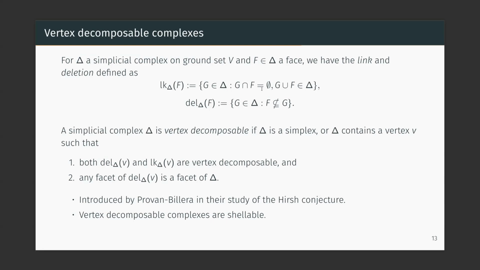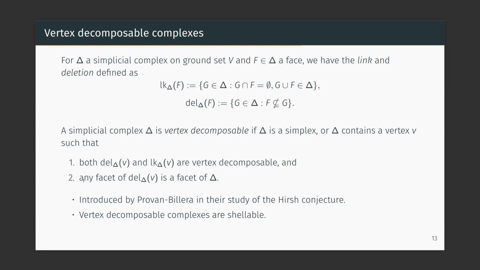And a simplicial complex by definition is vertex decomposable if it's either a simplex or there's this recursive thing that can happen, that it contains a vertex V where the deletion and link are both vertex decomposable. And there's also this condition that any facet of the deletion is a facet of the original complex. So it's a bit of a mouthful if you haven't seen this before.